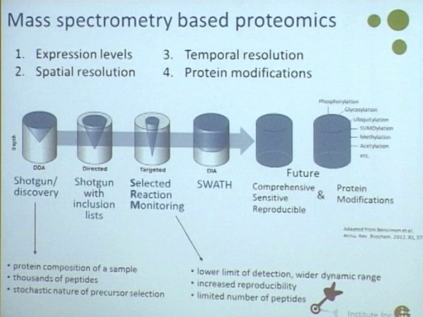So I've lent this diagram from Ariel Bensimon, who's also here at this meeting, and I've just embellished on it a little bit further. But I think, from the first components here, we quite well understand the technologies that we currently use, either in shotgun or targeted mass spectrometry.